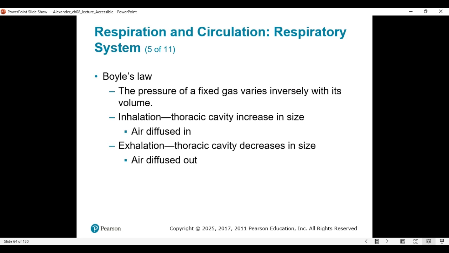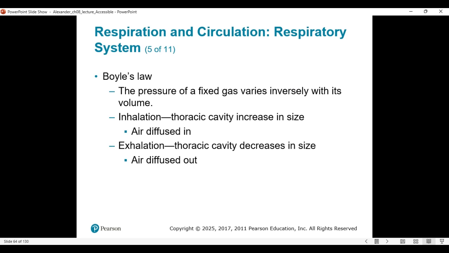It means the pressure of a fixed amount of gas in a container varies with the size of the container. So if you have, let's just say, 100 psi of oxygen in an M size tank, and we force the same thing down to a D size tank, we're going to get more psi, right?